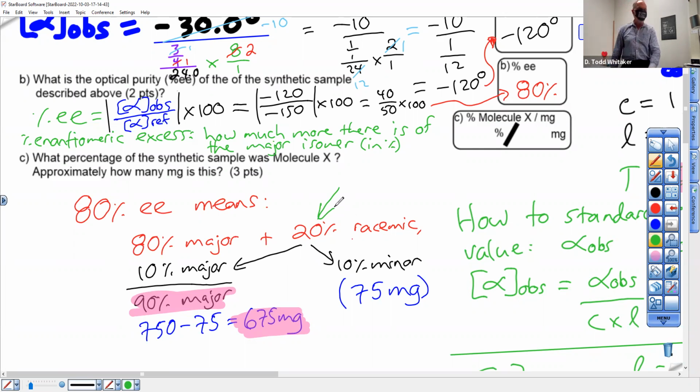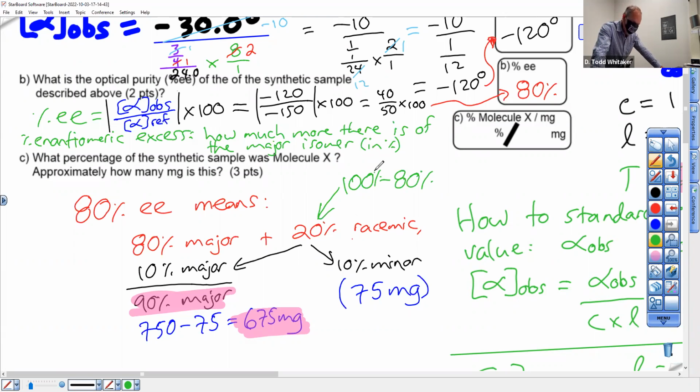The rest of the percent. I like the way you said that. So 100 minus the 80 you've already accounted for. 100% minus 80% is 20% racemic. So use that system every time and you'll do well in this question.